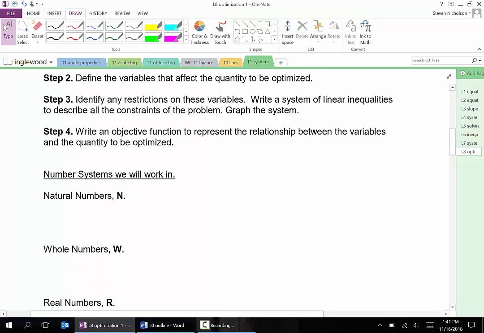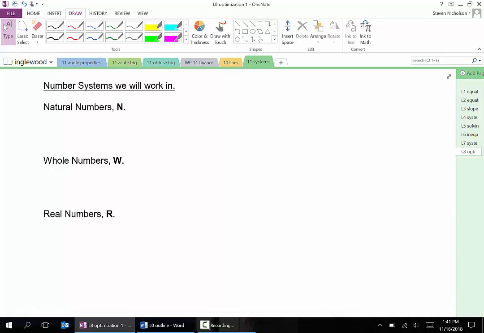But for right now, I want to remind you of some number systems that we work in. So we're going to need to worry in the real world really with three kinds of numbers. Natural numbers. Natural numbers are the first numbers we learn, and they're like this: 1, 2, 3, 4, and they go up. And what we're going to have in our system is two things that are happening, and we're going to be really simple with what we call them.